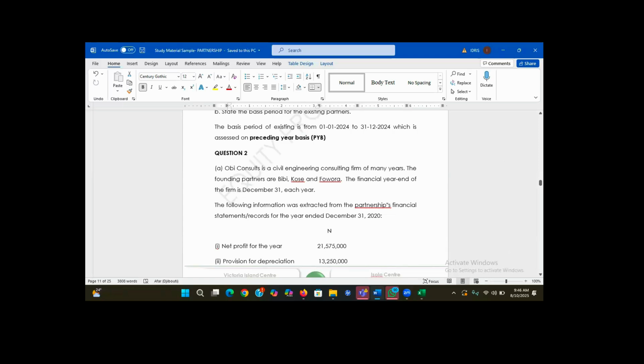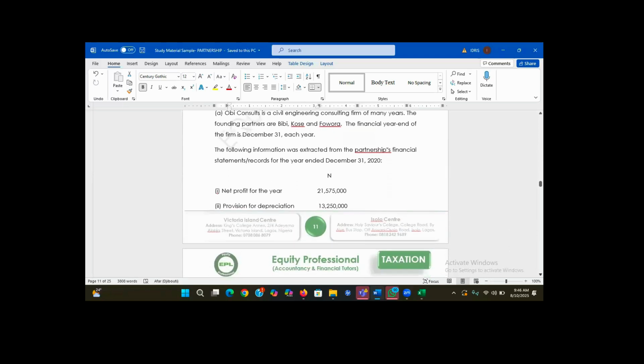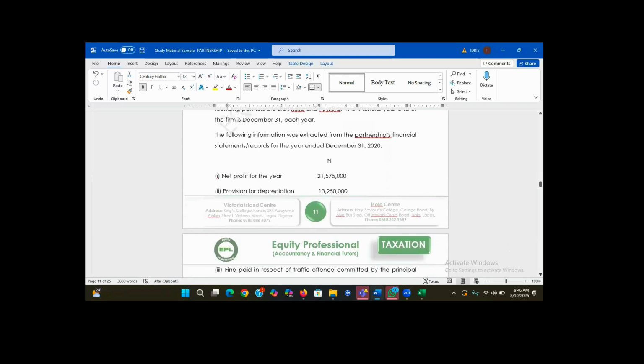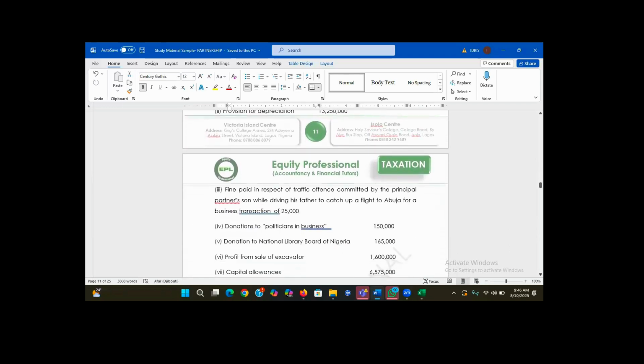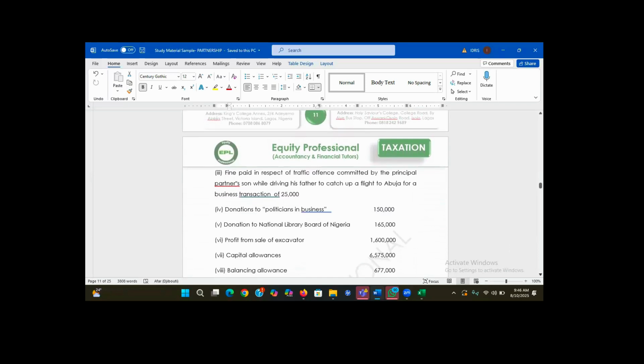Net profit for the year 21,575,000. Provision for depreciation 13,250,000. Fine paid in respect of traffic offence committed by the principal partner's son while driving his father to catch up a flight to Abuja for a business transaction of 25,000.